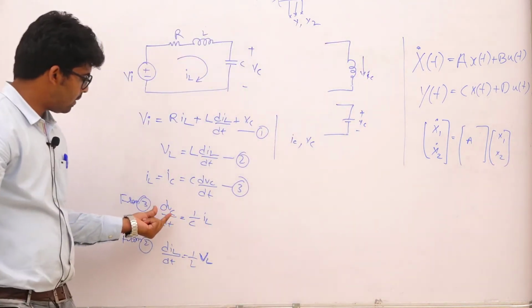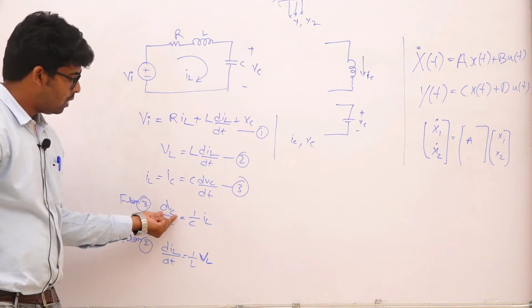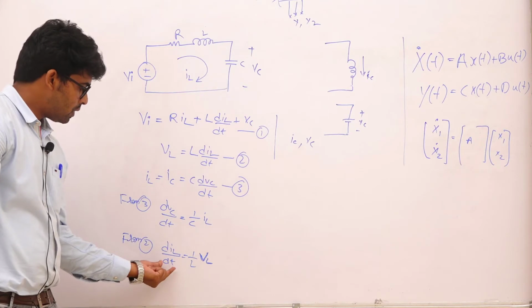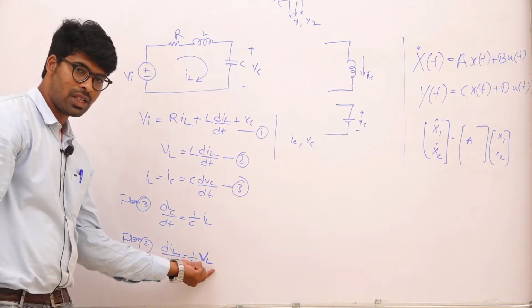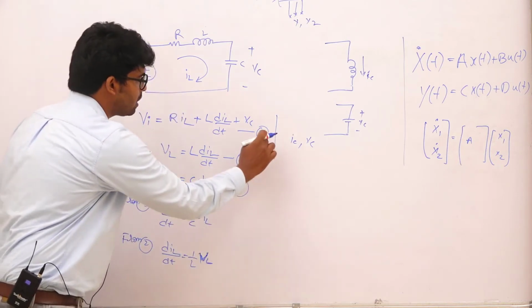So this is IC. So Vc, this is one state variable. You got it in the form of another state variable. But you will see IL, you got VL. We need to get Vc. To get Vc, replace this VL from the first equation.